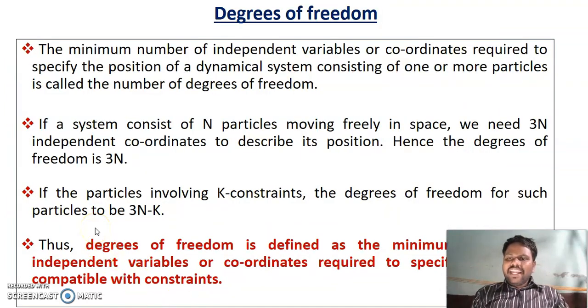So, for particles involving k number of constraints, the degrees of freedom is found to be 3n minus k, where n represents the number of particles and k the number of constraints. Thus, we define the degrees of freedom as the minimum number of independent variables or coordinates required to specify the system compatibly with constraints.